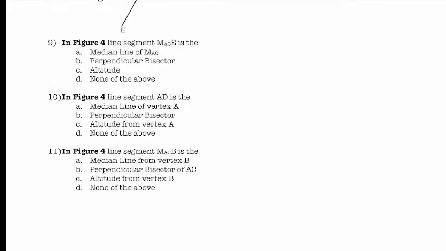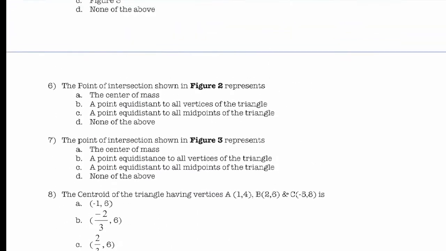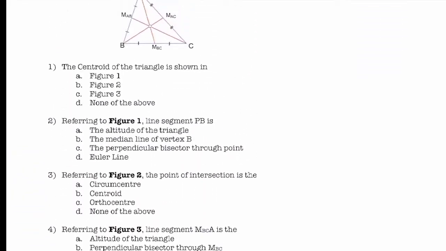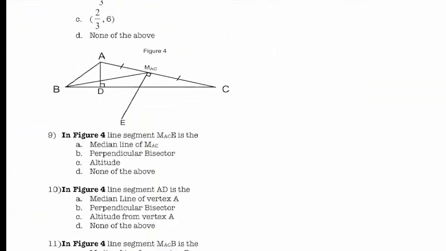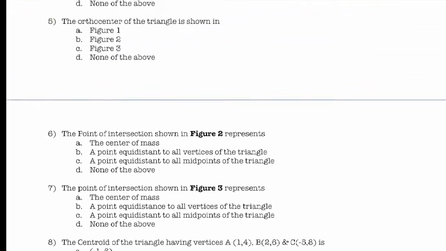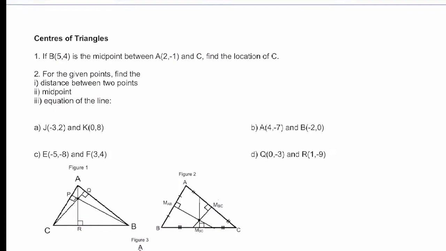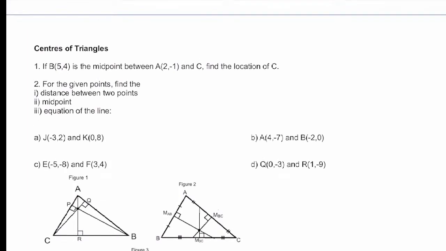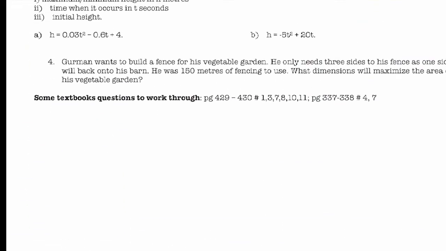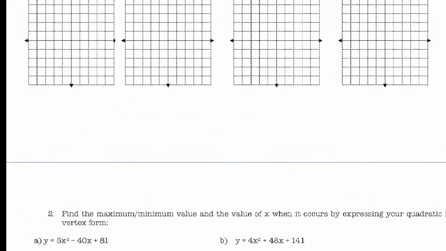These multiple choice questions were pulled from the online test you had, and I knocked it down from 26 to 11. Those cover everything you need to know. But you have the mark breakdown, so you know approximately how many marks come from centers of triangles. Like I said, the bulk of the exam is quadratics and trig, but you're still going to see stuff from the other sections.